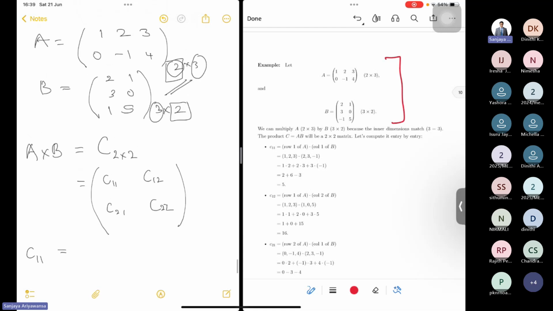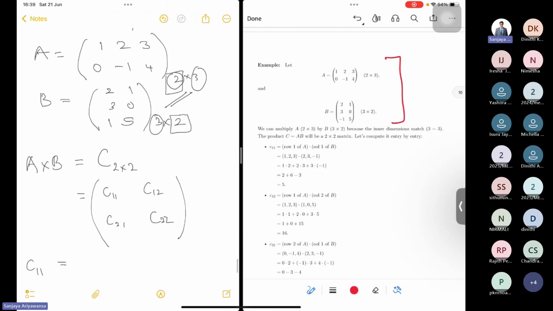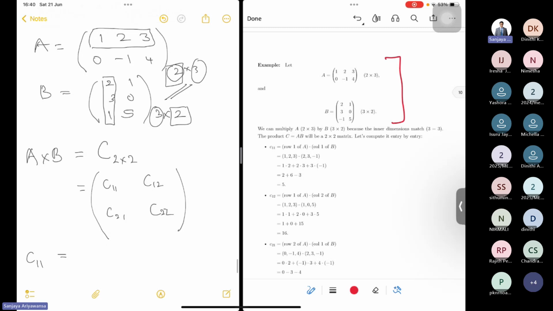You take the first row, 1, 2, 3, and then you multiply it by the first column. And then you add each component. What do I mean by that? You take 1 times 2 plus 2 times 3 plus 3 times 1.